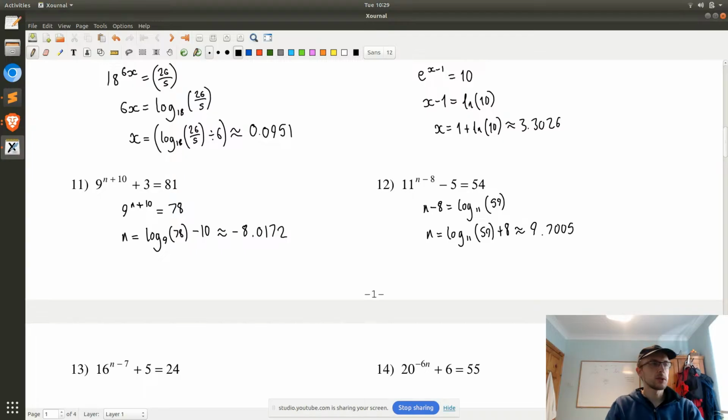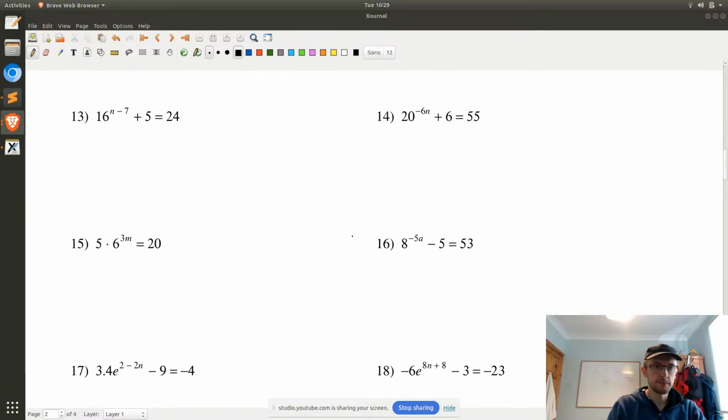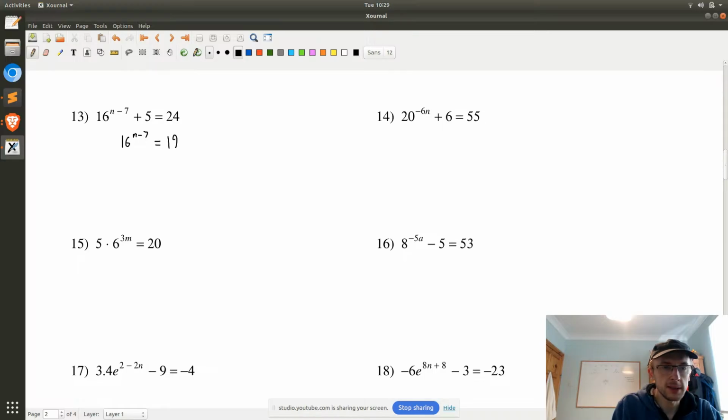I'll have to check these. Okay, so we're in total agreement. Okay, that's good. Now take 5 from both sides. So 16 to the n take away 7 equals 19.